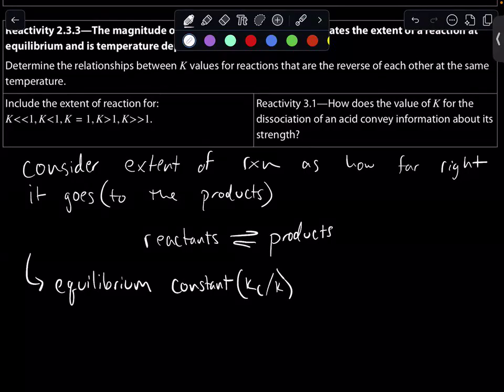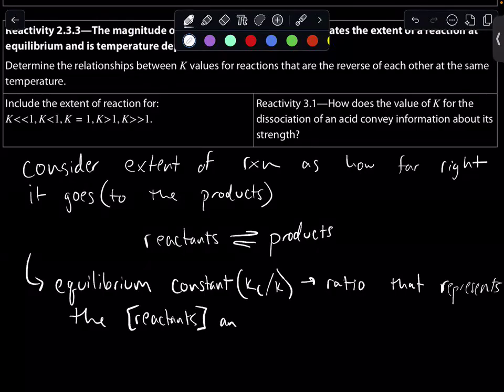Now, the equilibrium constant Kc is specifically a ratio that represents the concentration of reactants and the concentration of products at equilibrium.